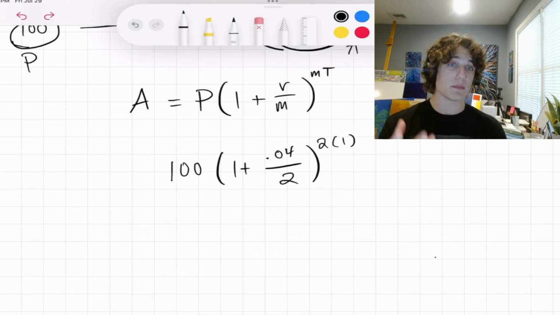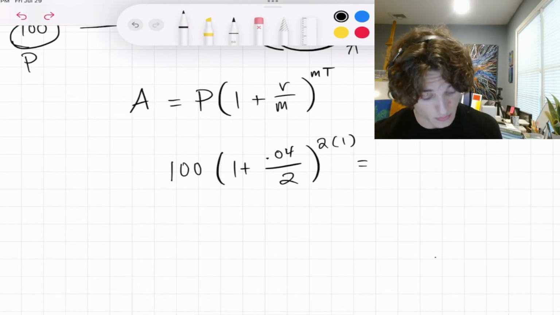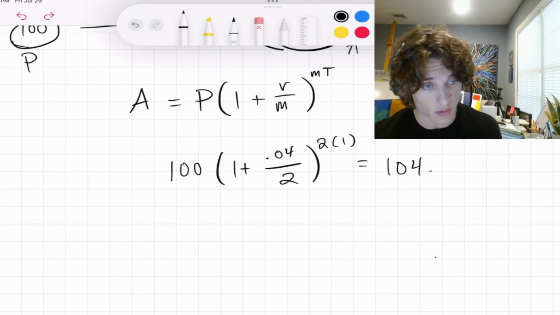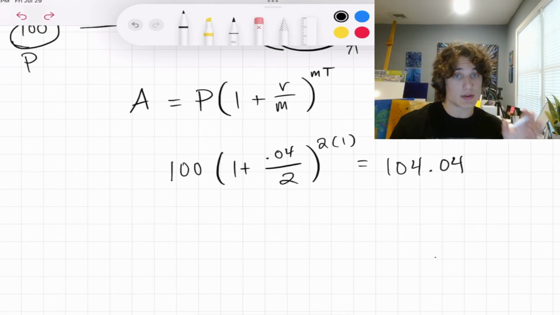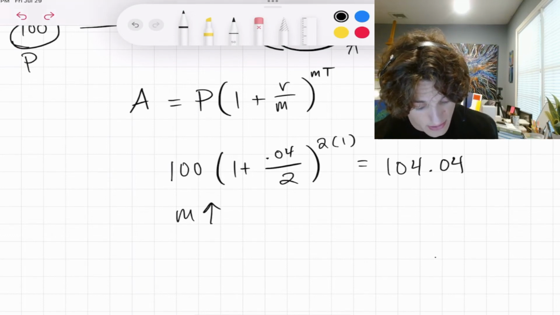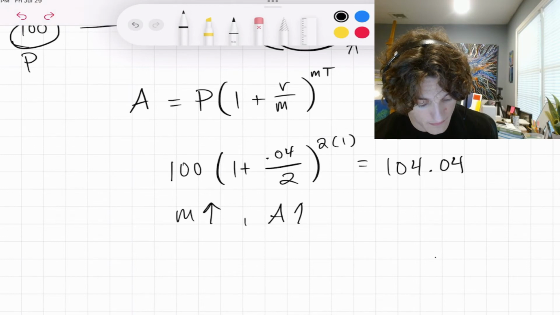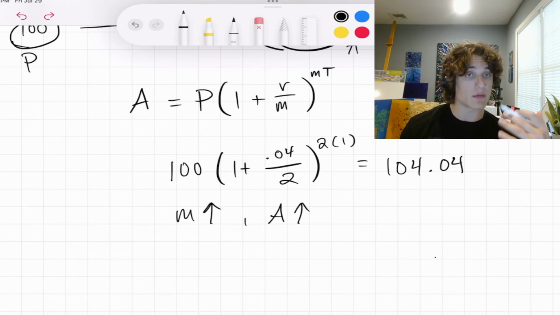Now, if we compute this value, we will find that this is actually going to be equal to 104.04. And as it turns out, as M increases, so does A. So the more compound periods that we have, the higher the value of our accrued interest is going to be.